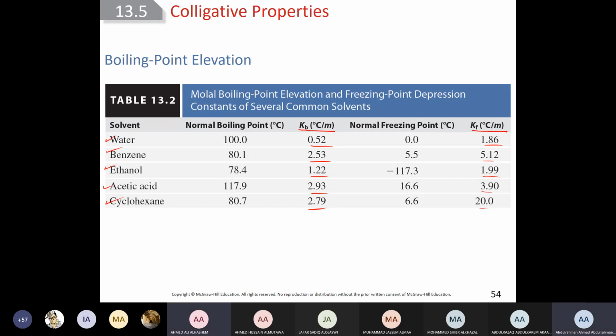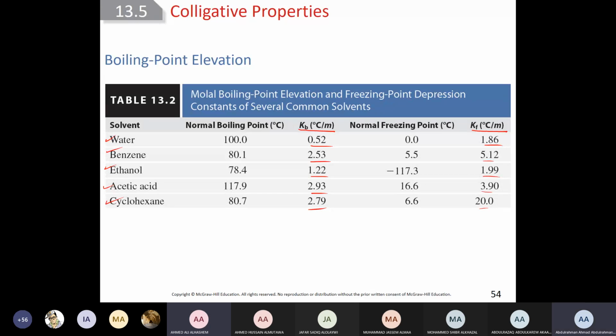What's your question? Go ahead. Can the freezing point also elevate, or is it just for the boiling point? You mean when you add a solute, the boiling point elevates, yes, it will increase. Can the freezing point also elevate?